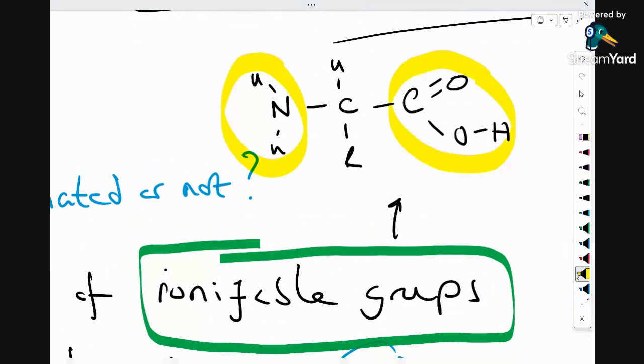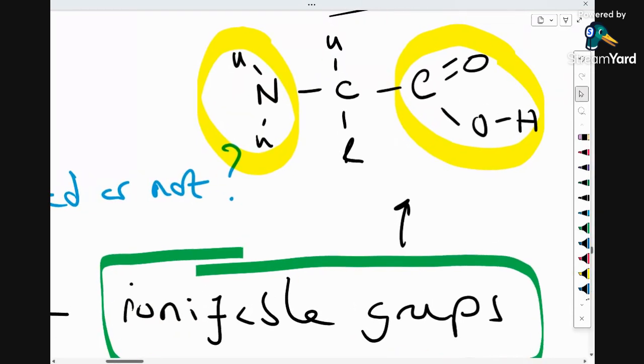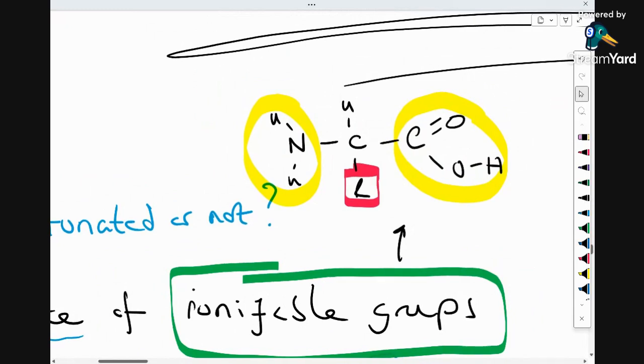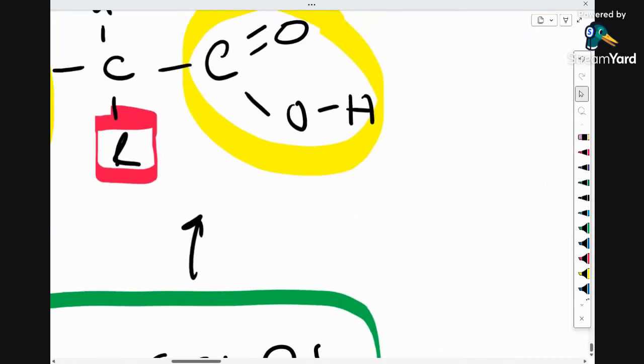They're both ionizable. The amino group can either pick up a proton or not, and the carboxylic acid group can donate a proton or not. However, this is where our R groups come in. Hopefully, some of you have just thought, hang on a minute, didn't we just say that the R groups can be charged? And the answer is yes.